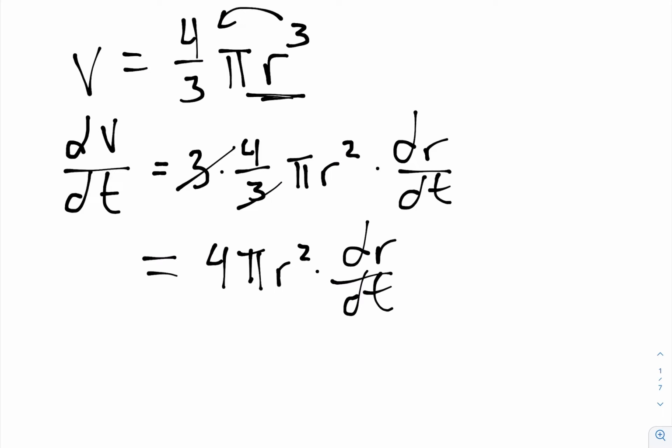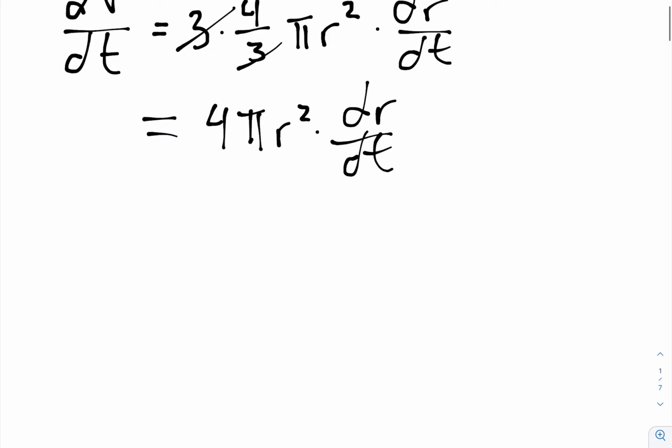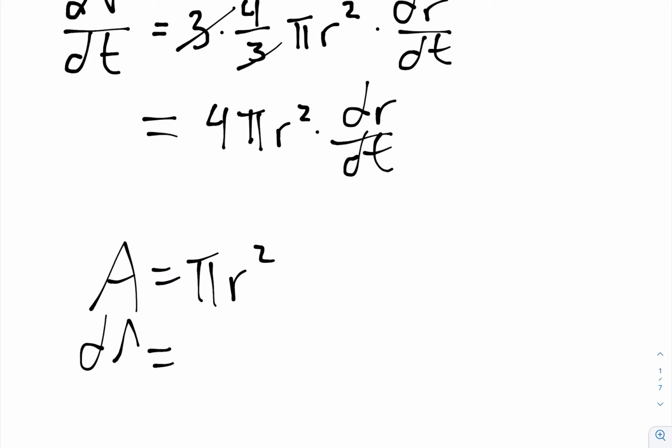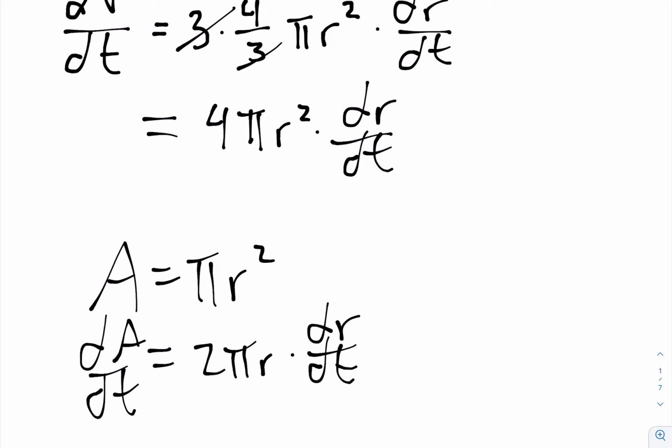Okay, and what's kind of cool is, remember when we were finding the area of a circle, right? The area of a circle was pi r squared, and then when we differentiated this, we got dA by dt to be 2 pi r times dr by dt, and this was the formula for the circumference of a circle.